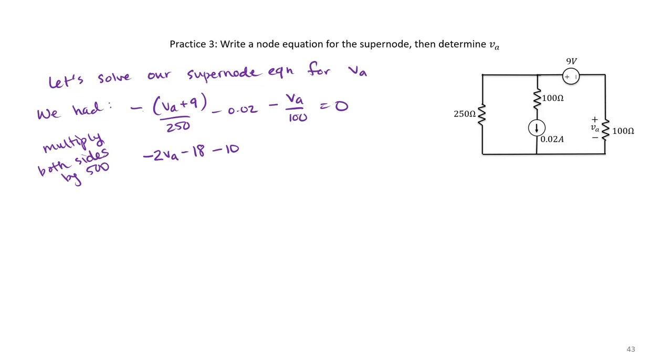And then VA over 100 times 500 gives us minus 5 VA. If we combine terms, we get minus 7 VA equals 28. And that means that VA must be equal to negative 4 volts.